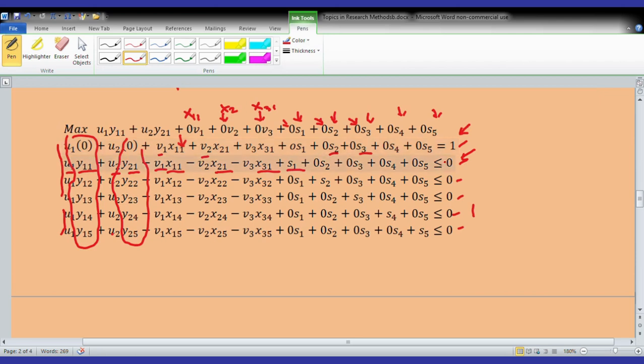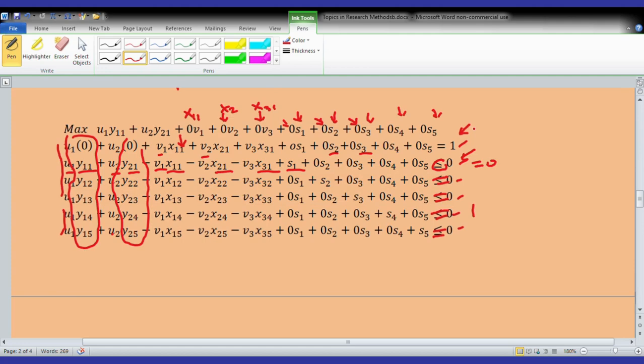This means that all these should be in equality form, so this should be equal to 0. Similarly, this should be equal to 0, and so on. This is one typo that I observed towards the end of this section, and I hope that you will be able to correct it when you are writing down your own notes.